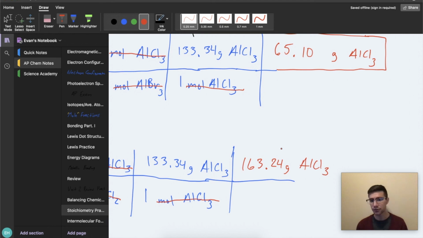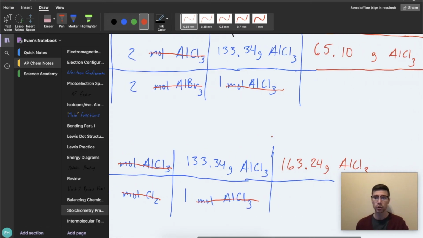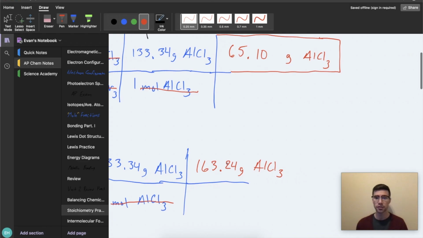Okay, now this value here means if you used all 130.2 grams of chlorine gas in this reaction, and you had nearly unlimited aluminum bromide, meaning at no point would it hold you back until you ran out of chlorine gas, using up all of this chlorine gas would produce 163.24 grams of aluminum chloride.